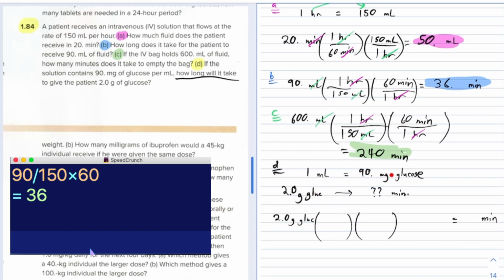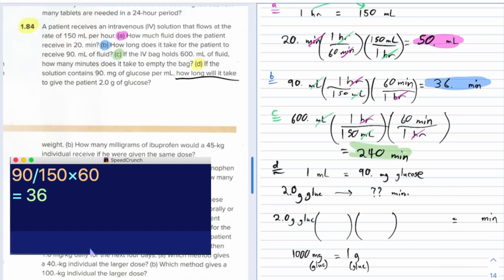Now we know that 90 milligrams of glucose is what you get from 1 milliliter. And let's write down a few more relations. We have grams of glucose, and this is talking about milligrams of glucose, so we probably need the gram to milligram conversion. 1,000 milligrams of any substance really is the same thing as 1 gram of the substance.